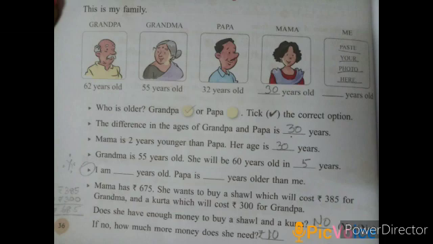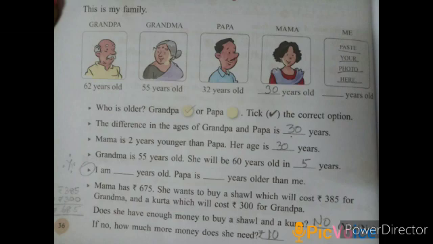Next one is, mama has rupees 675. She wants to buy a shawl which costs rupees 385 for grandma and a kurta which costs 300 for grandpa. Does she have enough money to buy the shawl and the kurta?